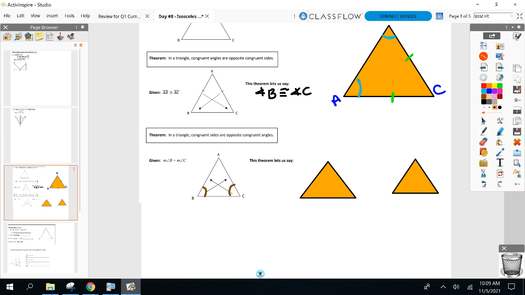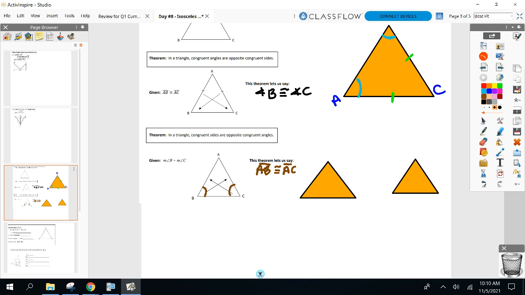What two sides must be equal then? AB congruent to AC. If the sides are equal, the angles opposite are. If the angles are equal, the sides opposite are.